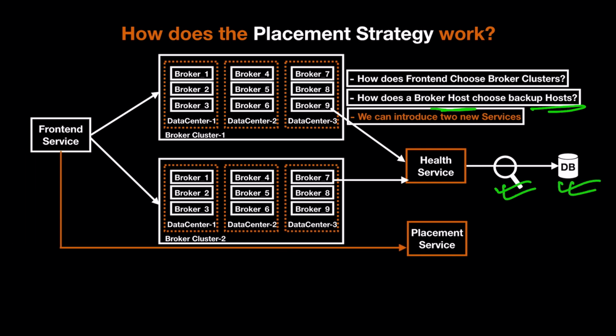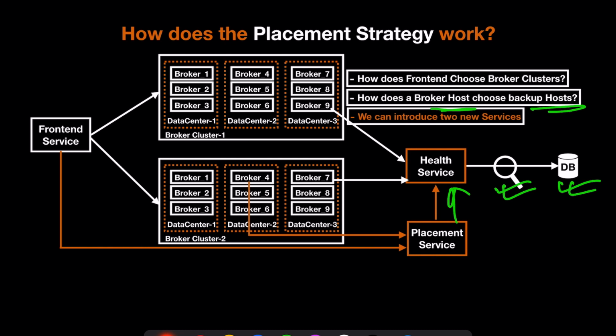Whenever our placement service receives a request from the front-end service, it first gets the health data from the health service for all the hosts or clusters, and then returns a set of healthy clusters to the front-end service. Similarly, when a broker host requests a backup host, the placement service first reads the data from the health service, identifies the healthy nodes in the same cluster, then returns the backup broker host to the caller.